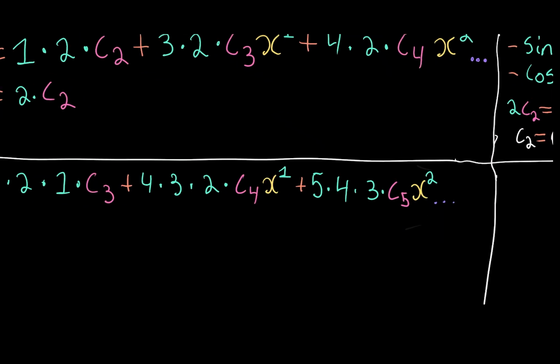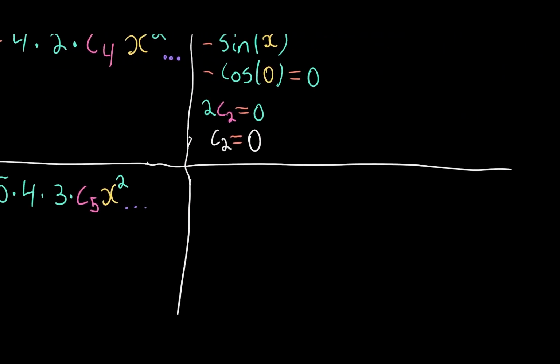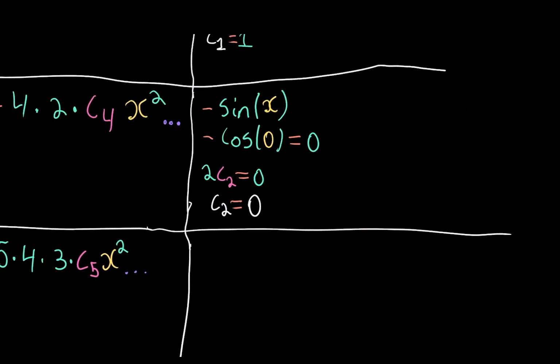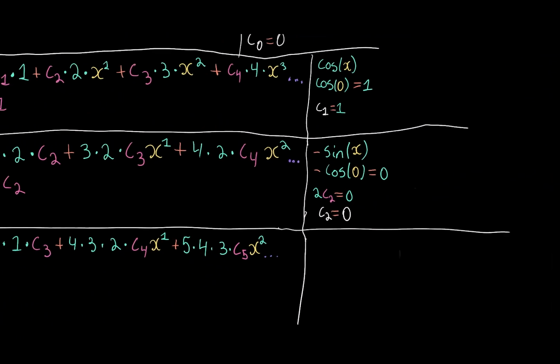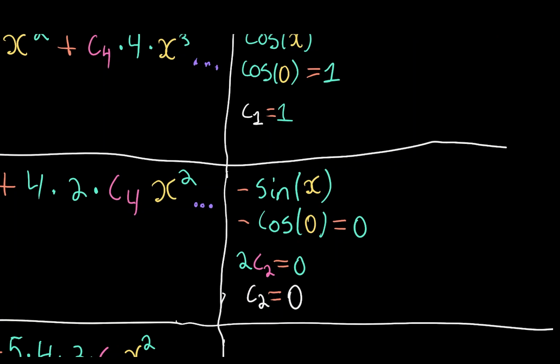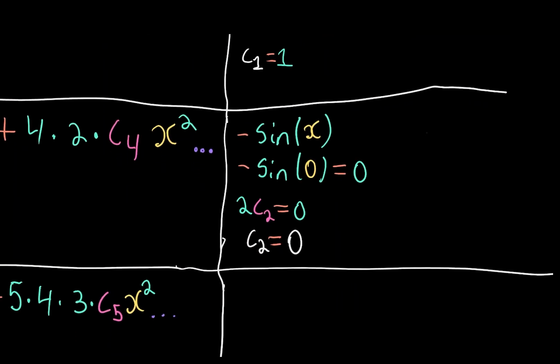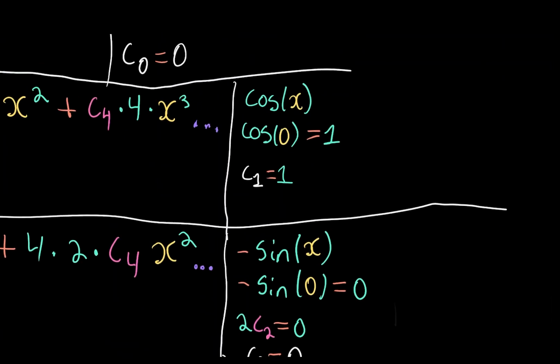Okay, let's keep following our steps. All right, derivative of, ooh, I made a mistake here. It should not be negative cos x. It should be negative sine x. All right, the derivative of negative sine of x is negative cos of x.